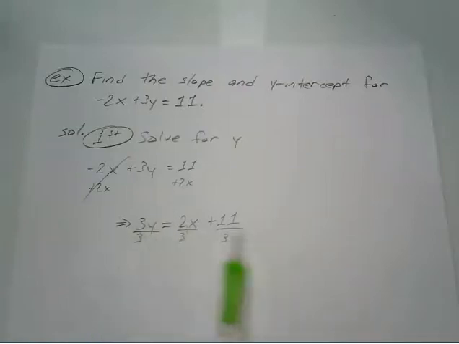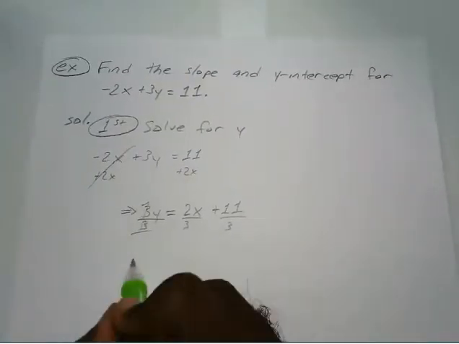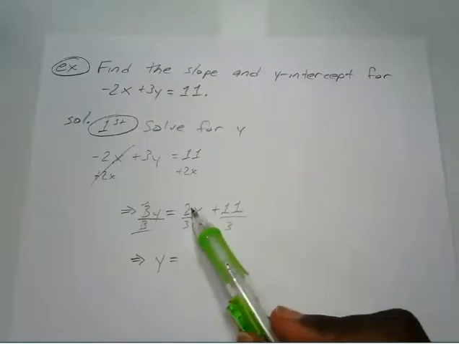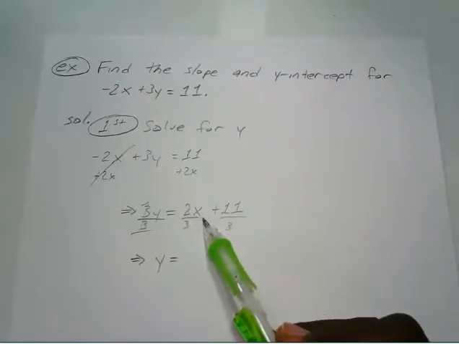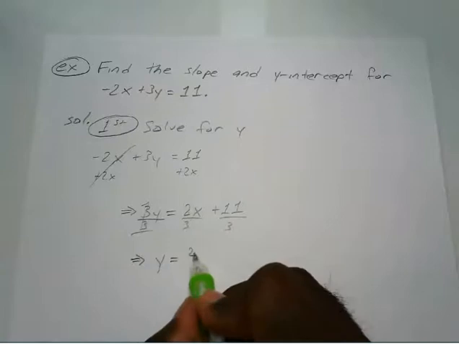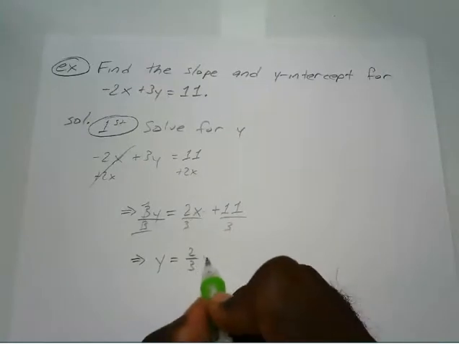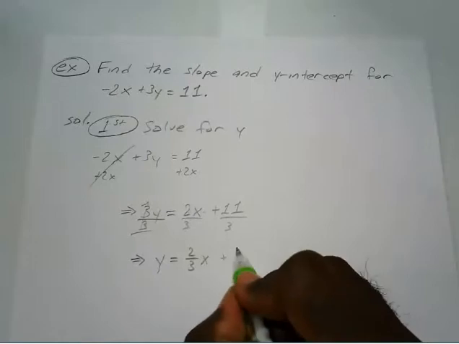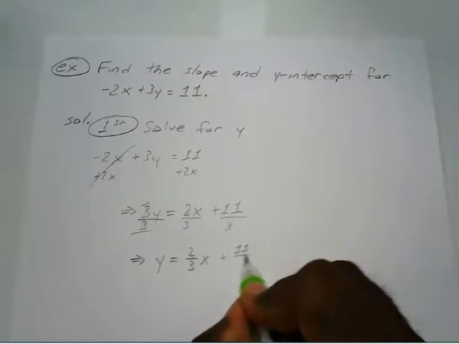You have to do all the terms the same way. Okay, anything divided by itself is 1. So that means that y is equal to 2x over 3. If you want, you can just bring that x to the front. So you have 2 over 3x plus 11 over 3.